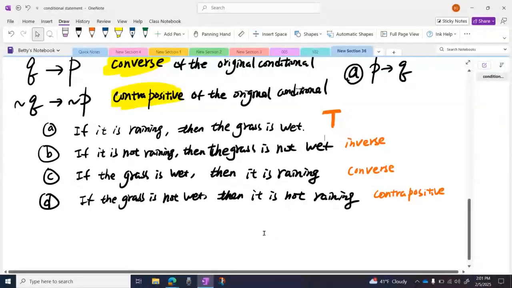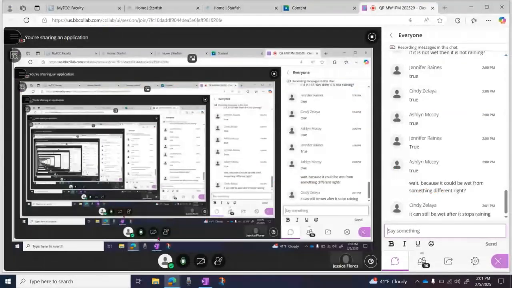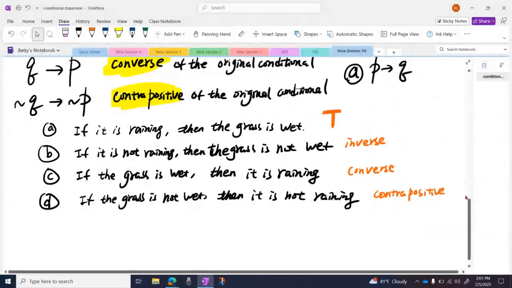Not raining does not directly cause the grass to be dry. Maybe your family just watered the grass, right? Maybe you just poured water on the grass. So logically not necessary. It can still be wet after it stops raining. Exactly. So logically it's not perfect, right? So the truth value for the second one is supposed to be false.